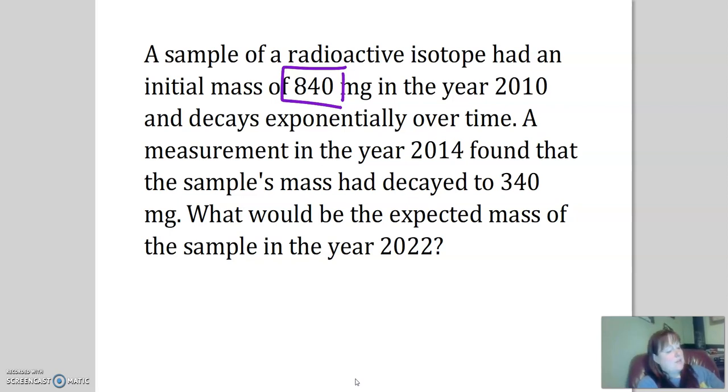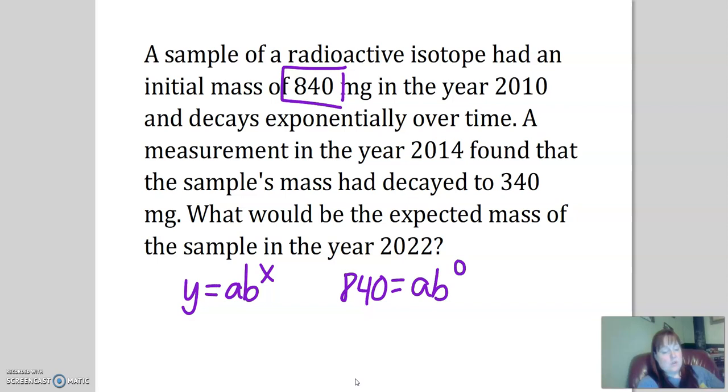But if you think about this, y equals a b to the x. If I said the value was 840 when time equals 0, which is the initial, well, b to the 0 is 1.